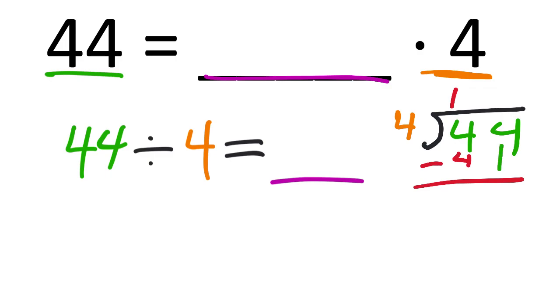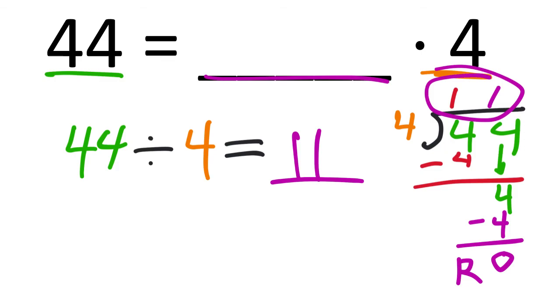And so I need to drop the 4 in the ones place value. That's a 4, by the way. Sorry about the handwriting. And then 4 will go in that 4 once as well. 1 times 4 is 4. And we show now that we have nothing remaining in this. So what do we get? 11 on that. 44 divided by 4 is 11, which means the fact family would show that 44 equals 11 times 4, and it does. Yeah, that would be true.